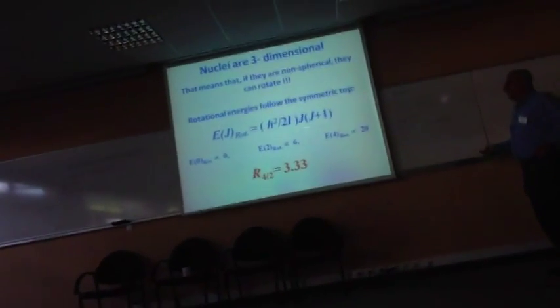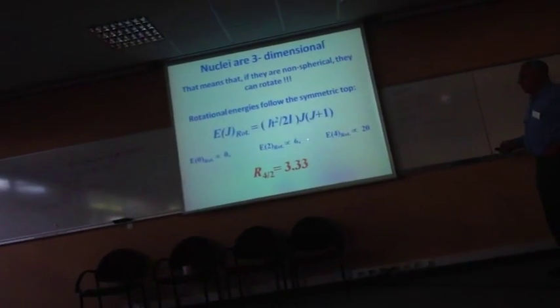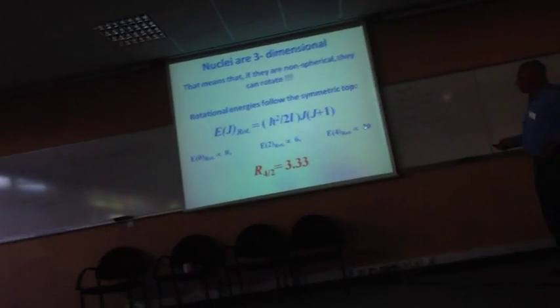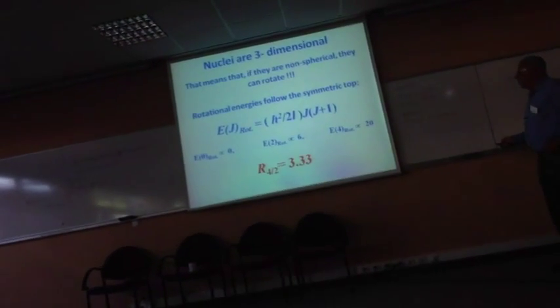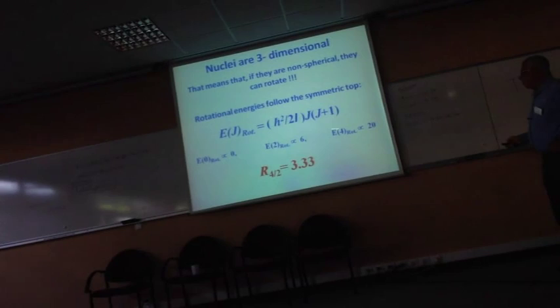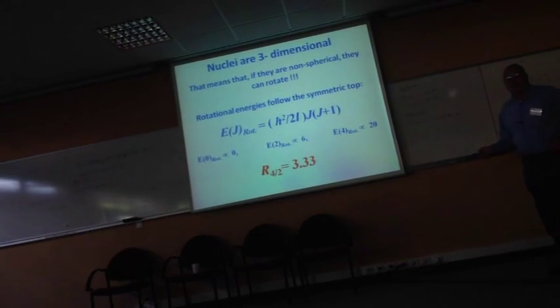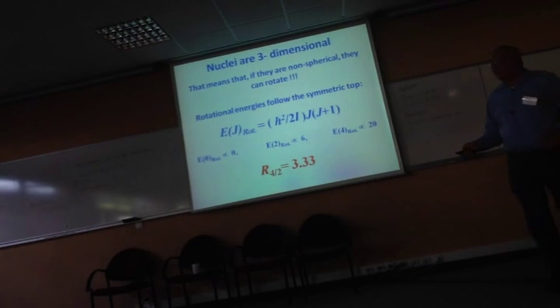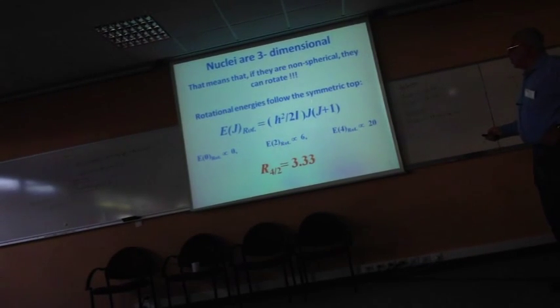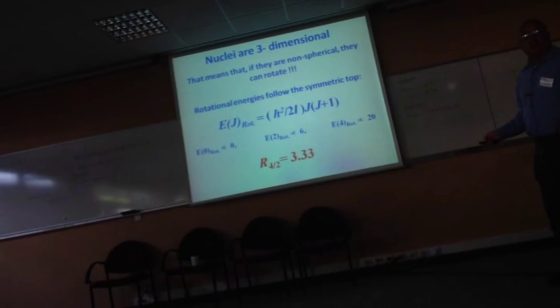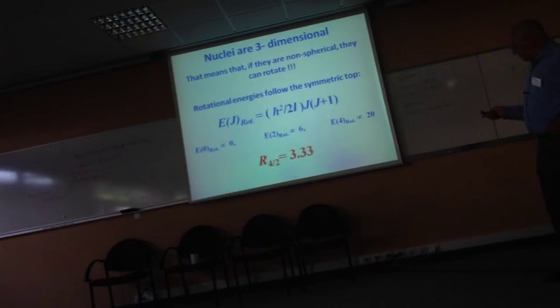So the 2+ state will be at an energy proportional to 6, and the 4+ at 20. Now it gets a little tougher. The 4 to 2 energy ratio is 20 over 6. Can anybody guess what that could be? Okay, 3.33. All right, so that's a very simple result for a rotational excitation.